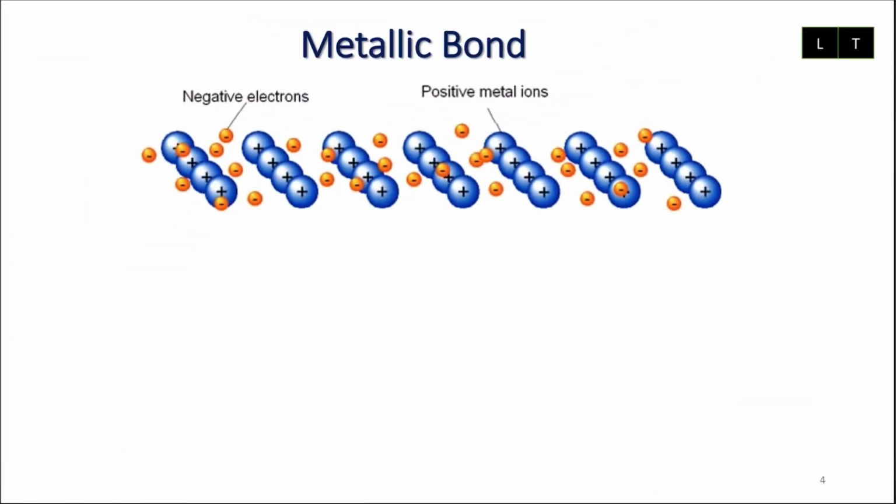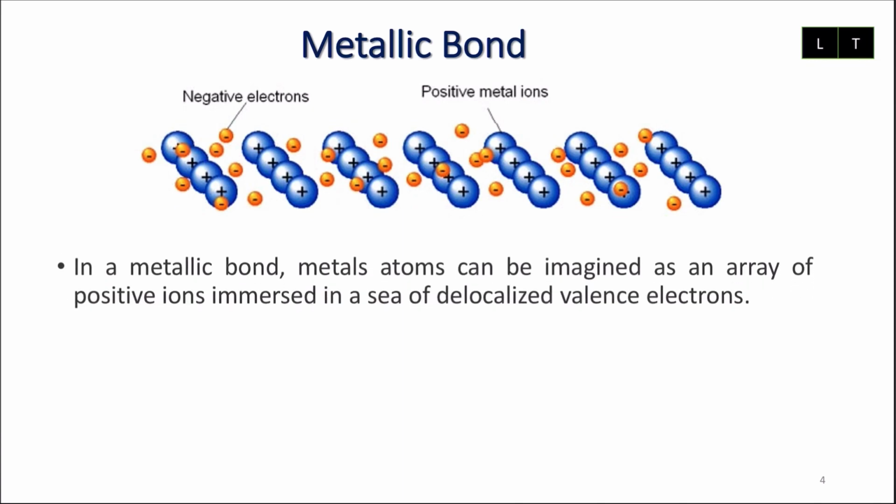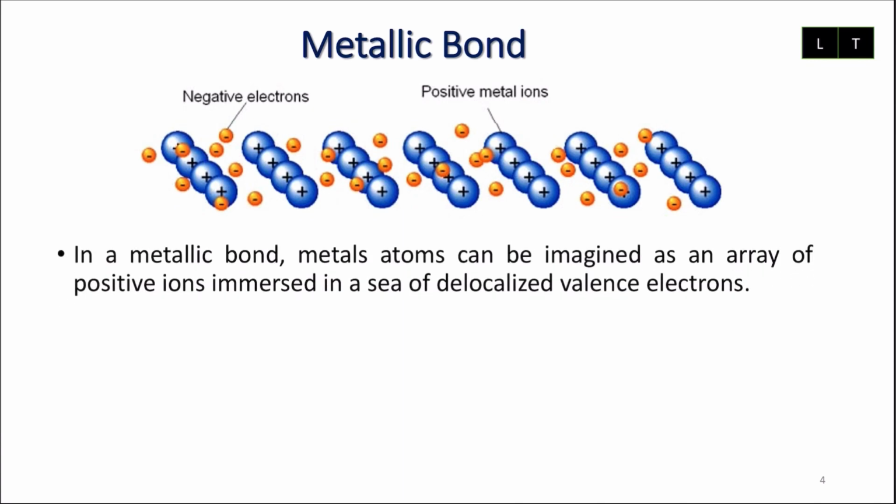You should know that in metallic bond, we are going to discuss about metal atoms. So, metal atoms can be imagined as an array of positive ions immersed in a sea of delocalized valence electrons, such as this diagram. You can see that the negative delocalized electrons and positive ions from the metal.